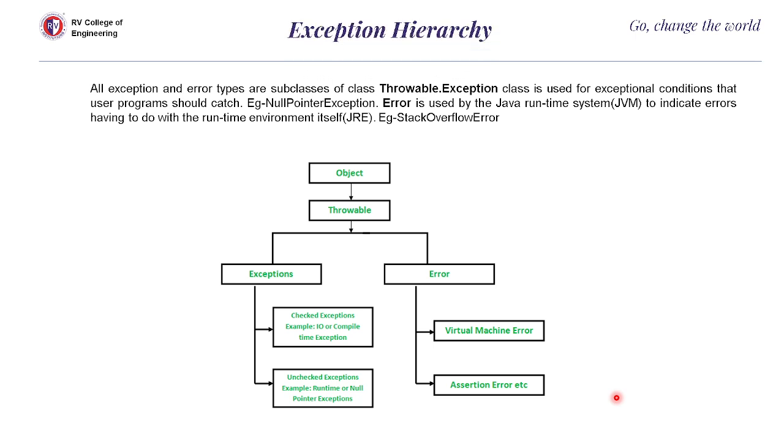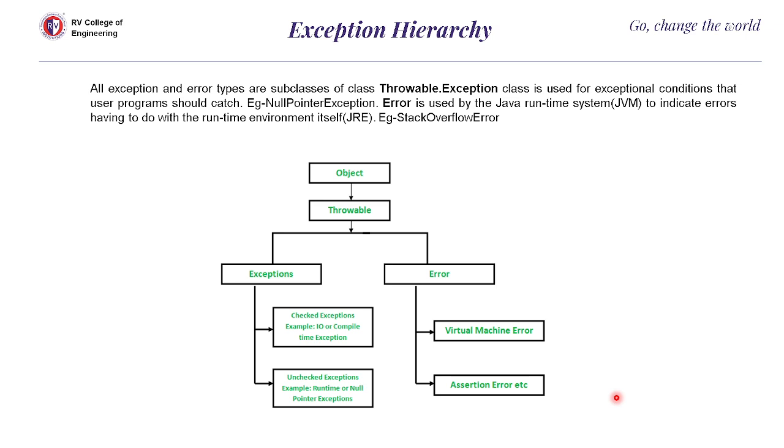When we talk about the exception hierarchy, Object is the base class. Then we have a subclass called Throwable. Error and Exception, these 2 classes come under the Throwable class.